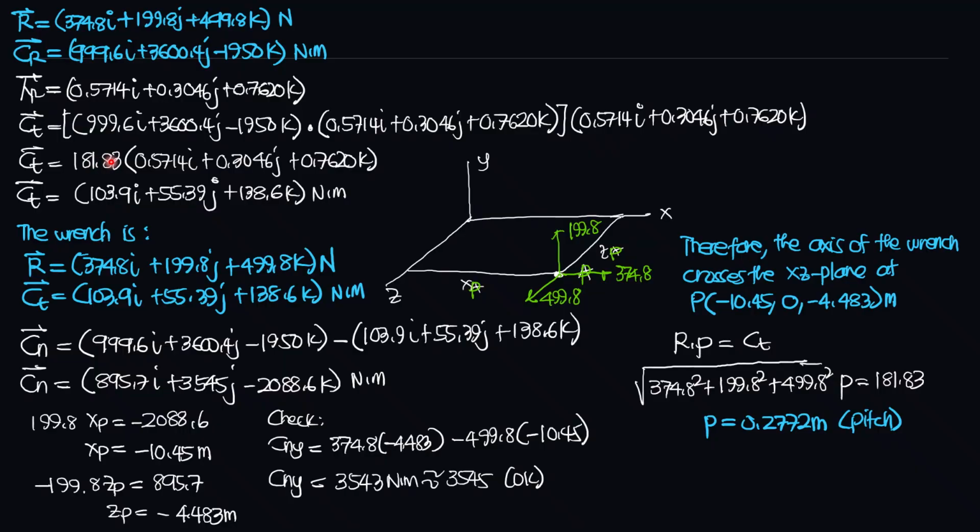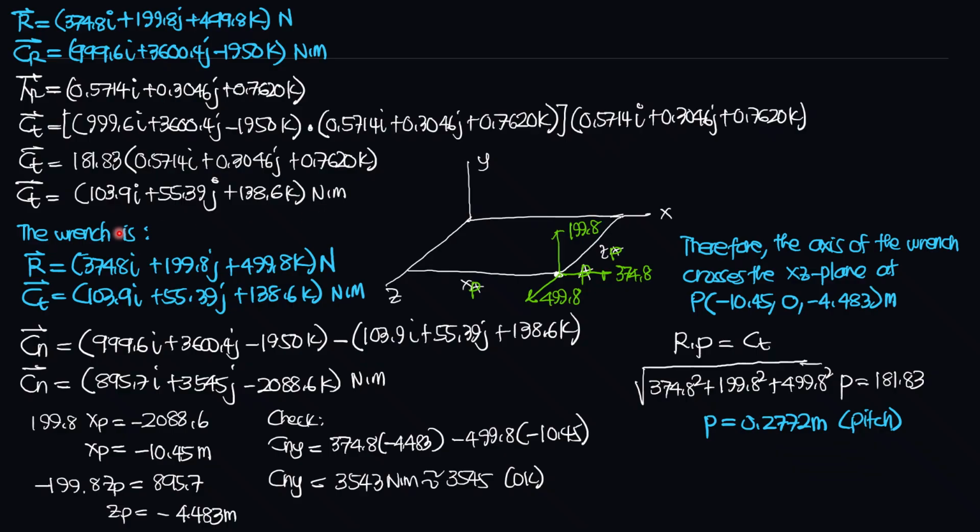So 181.83, the dot product, then multiply further by the unit vector of the resultant. So the vector form of the tangential component of the couple is 103.9i plus 59.39j plus 138.6k Newton meter.